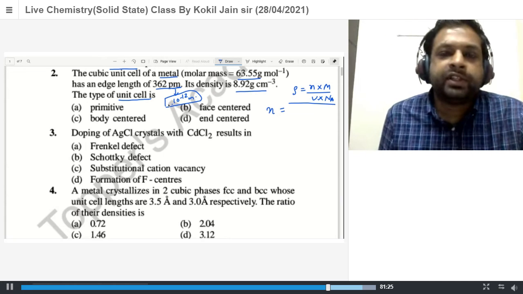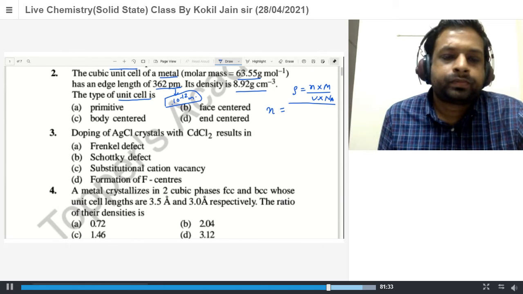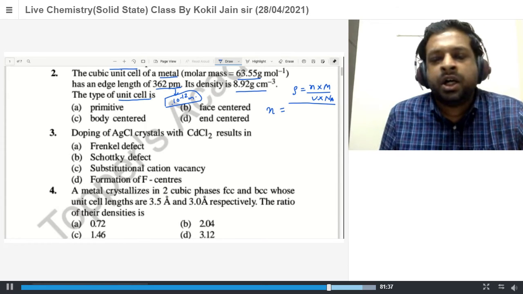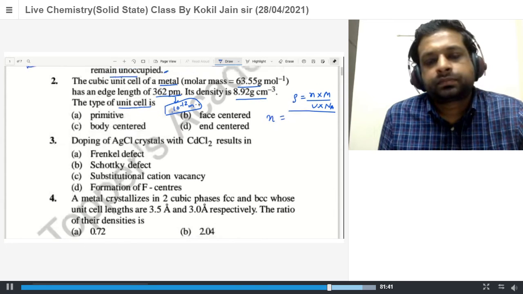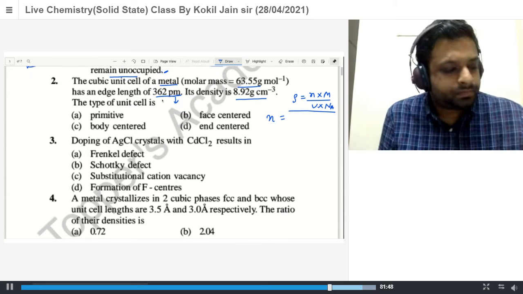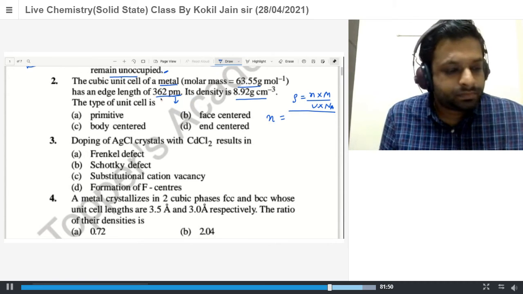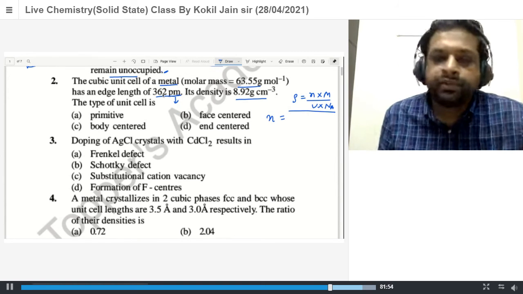What is the value of Z here? Sir, 4. Yes, correct. The value would be 4.